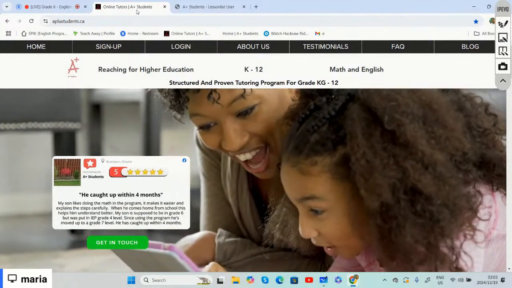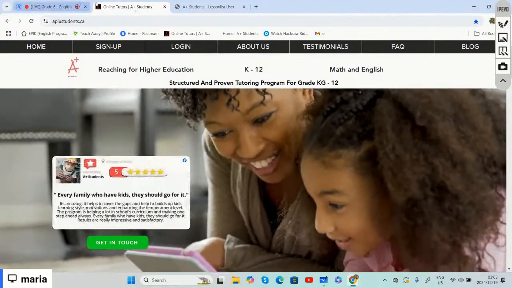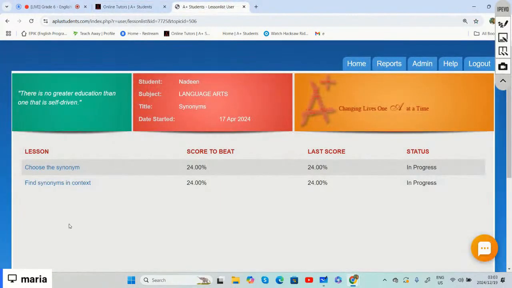We're doing grade 6. Then we scroll down until we get to our chapter of synonyms.